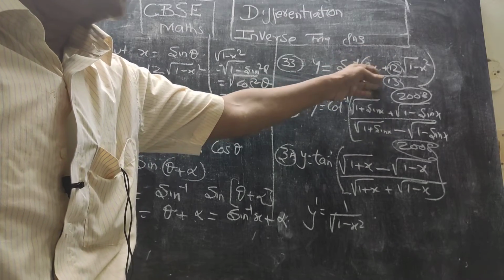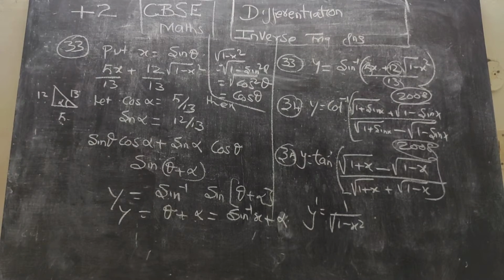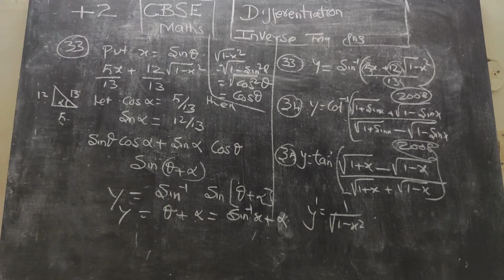So very simple answer, but the hitch is that you must remember that this is a Pythagorean triad, and this has to be written separately, 5x by 13 and 12 into root of 1 minus x square by 13. Let us assume that x equal to sin theta, and further that 5 by 13 is cos alpha. As a result 12 by 13 becomes sin alpha.